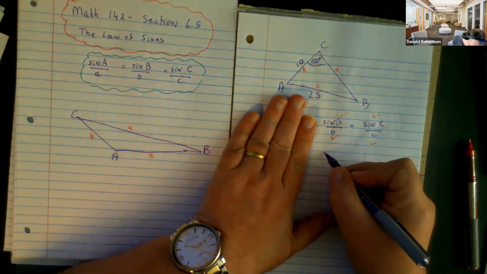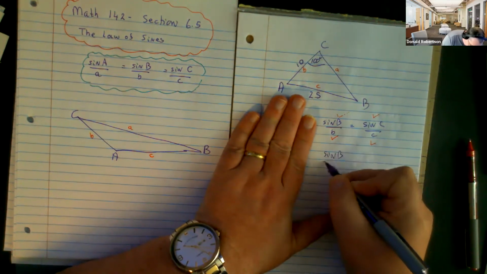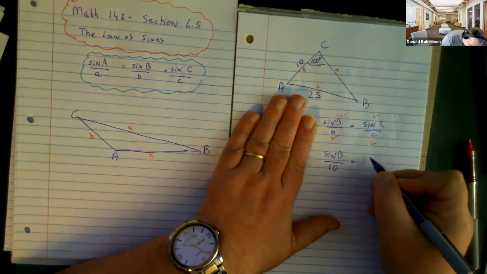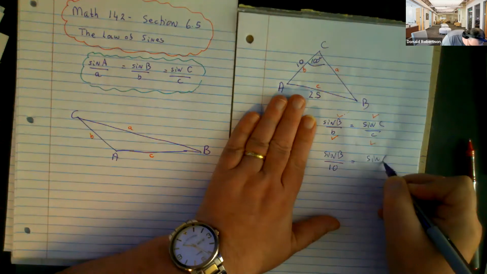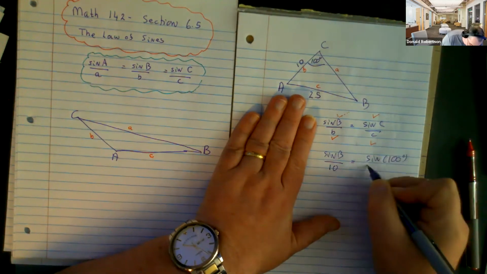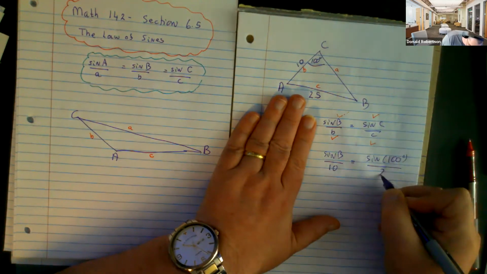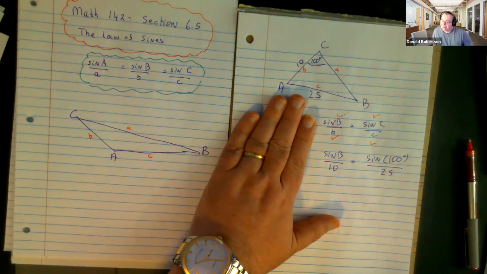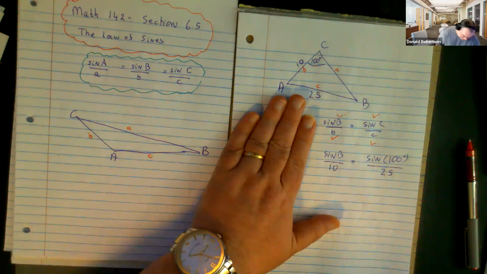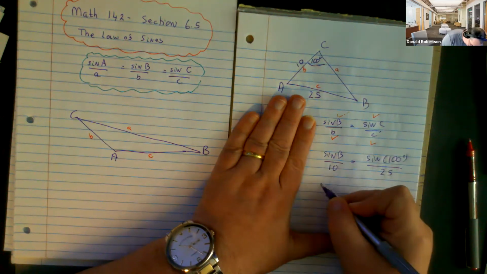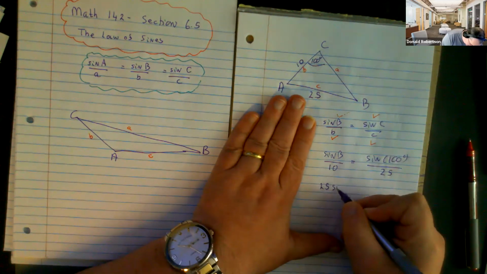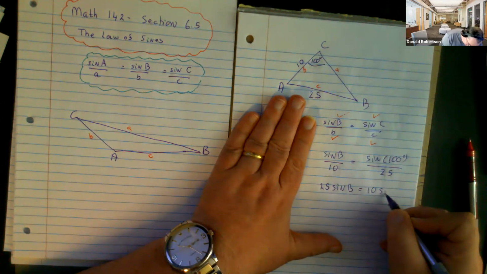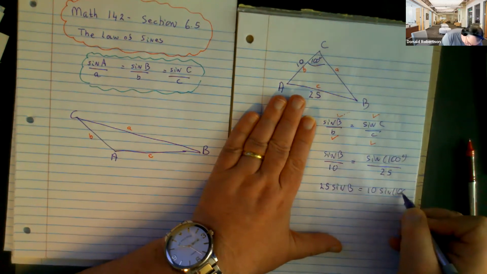So the sine of b over 10 is going to be the sine of 100 degrees over 25. We all comfortable with where the numbers are coming from? Yeah. Cross multiply. 25 times the sine of b is going to be 10 times the sine of 100 degrees.